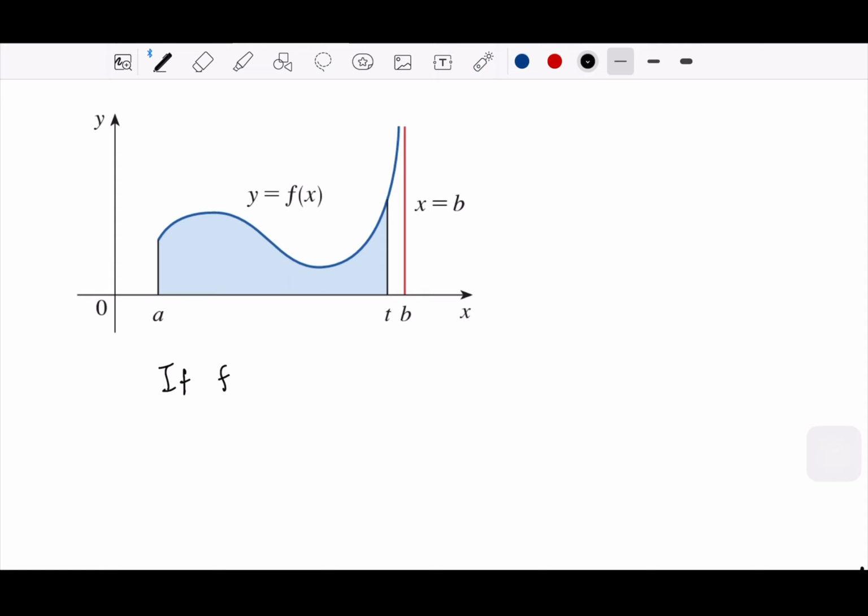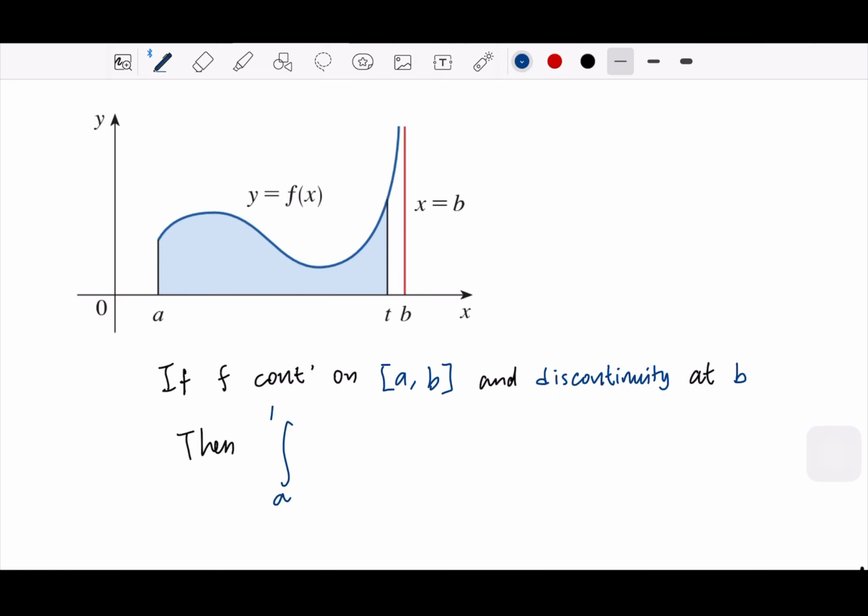let's say that if f is continuous on the interval [a, b), and we need to write down that it has a discontinuity at b, then we could write that the integration from a to b of f of x dx is equal to the limit as t approaches b from the left of the integral from a to t of f of x dx.